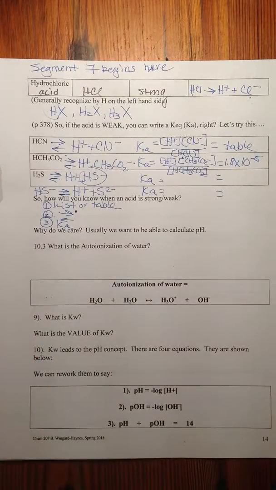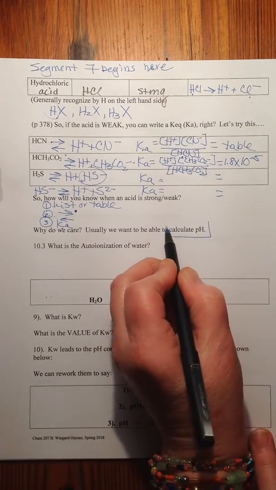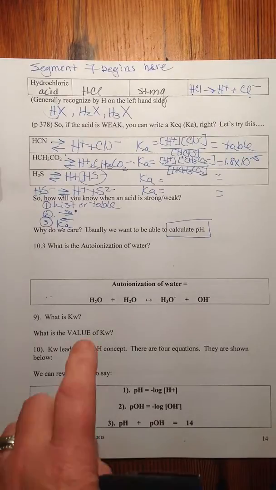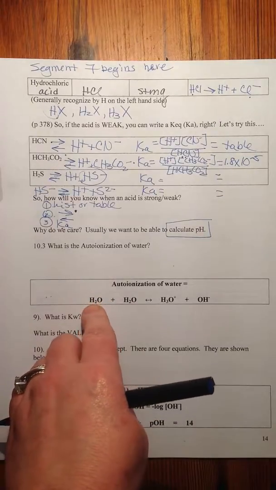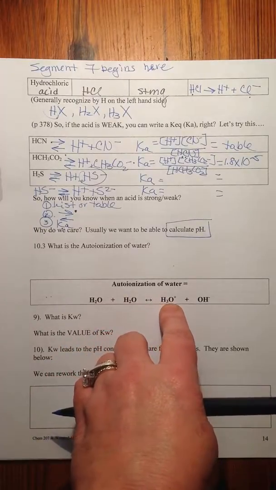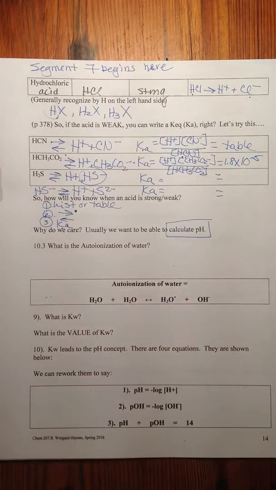Okay, now the reason that you care is that usually and typically you want to be able to calculate pH. Okay? Now pH is based on the propensity of water to auto-ionize. Okay? So I have water, double arrow, H3O plus, OH minus.